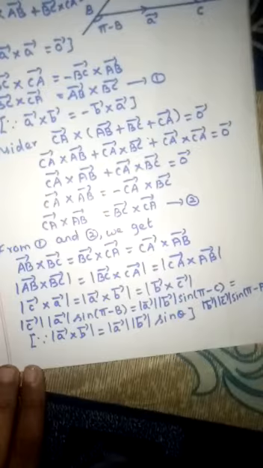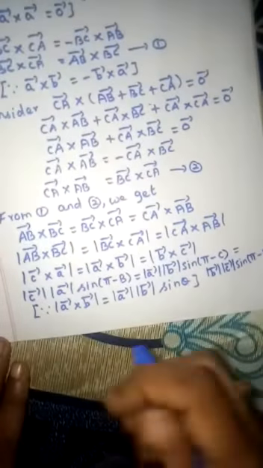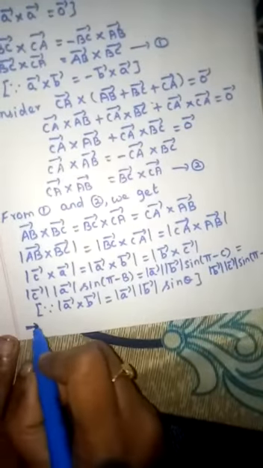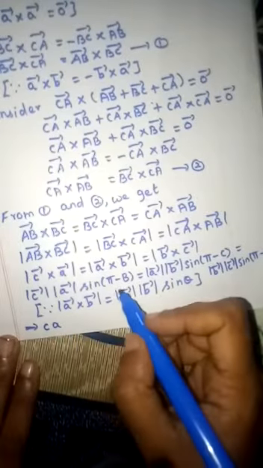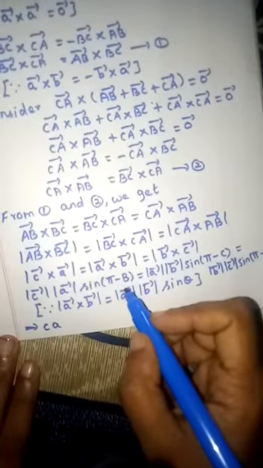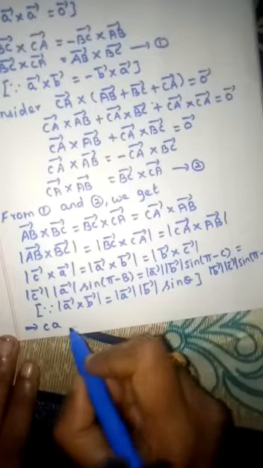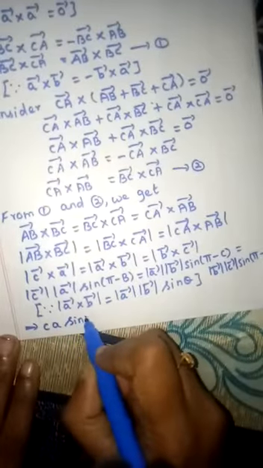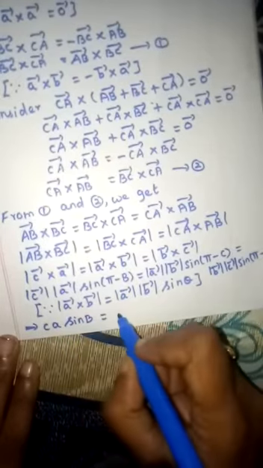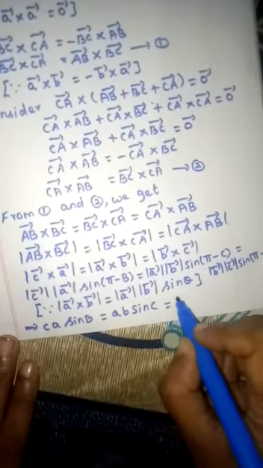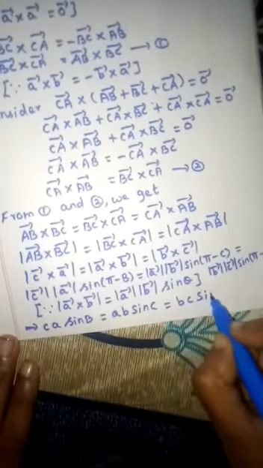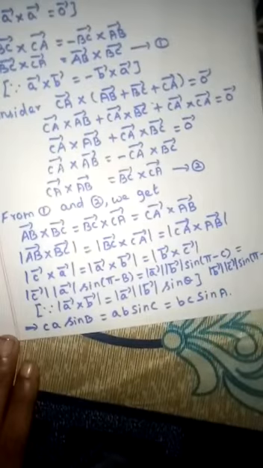So A. Now sine of 180 minus theta is sine theta. In the second quadrant sine is positive. So we will get sine B. It is equal to, here it is AB sine C, equal to BC sine A. So we have like this.